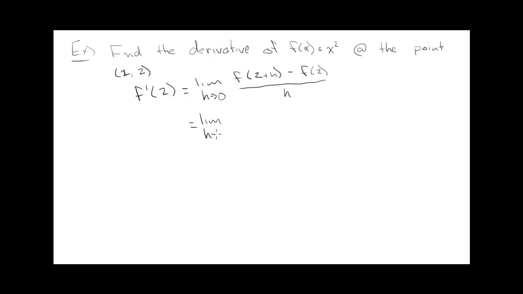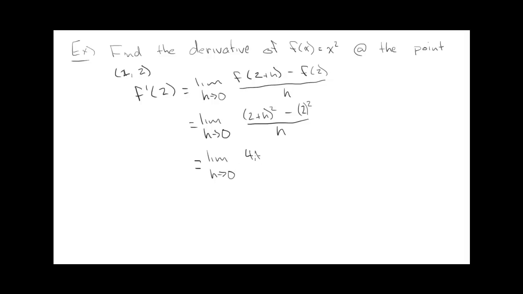So limit as h goes to 0 of 2 plus h squared minus 2 squared all over h. Now again, try direct substitution, won't work. You get 0 over 0. So we'll expand.